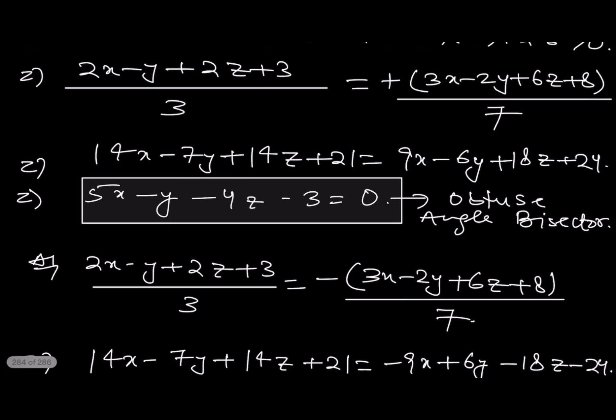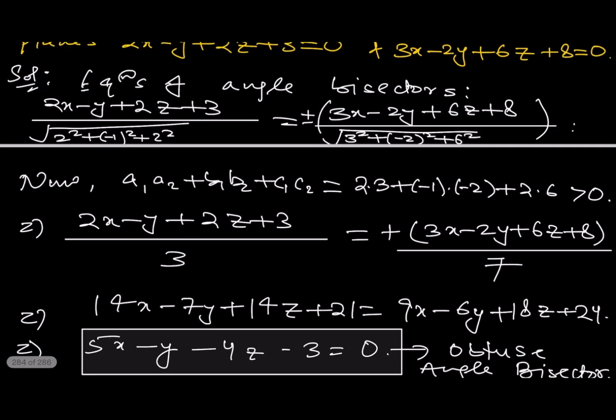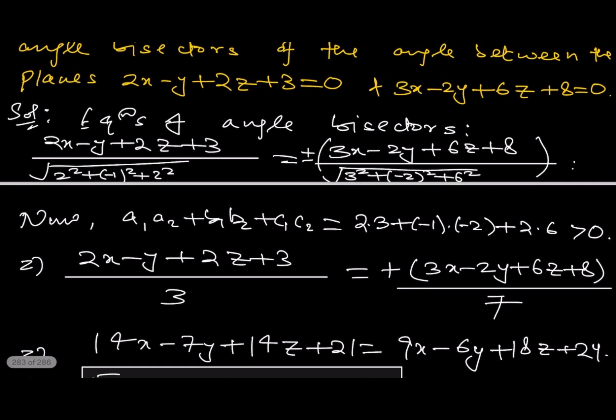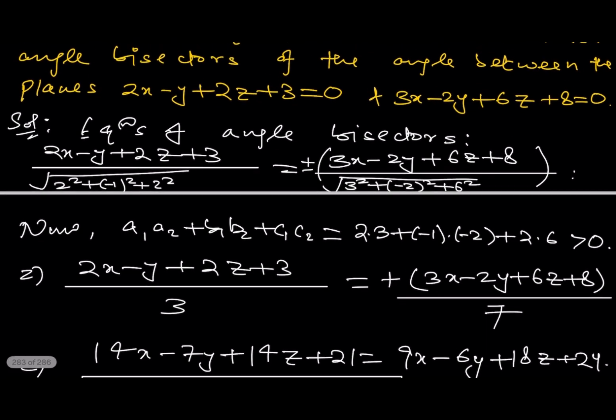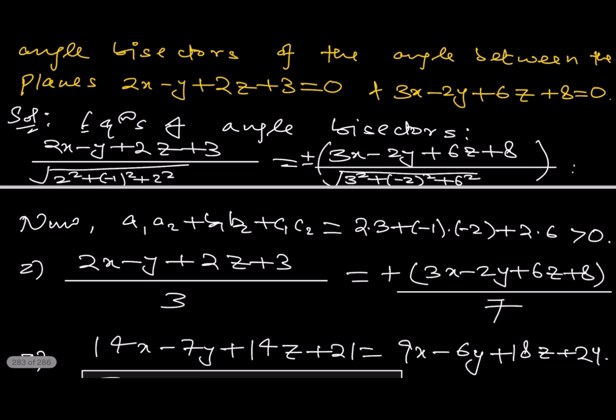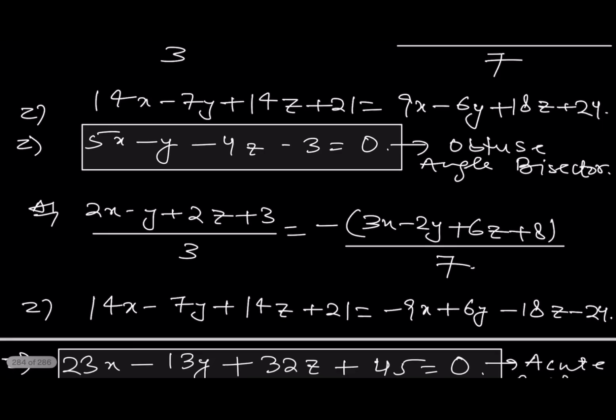Now we will also see which bisector is containing the origin. What we have said in the last point is that we make D1 and D2 positive, and then the bisector having plus sign will contain the origin.